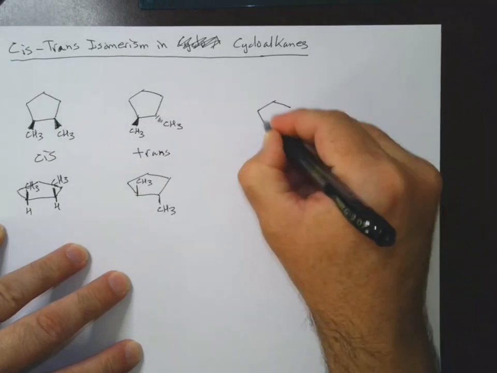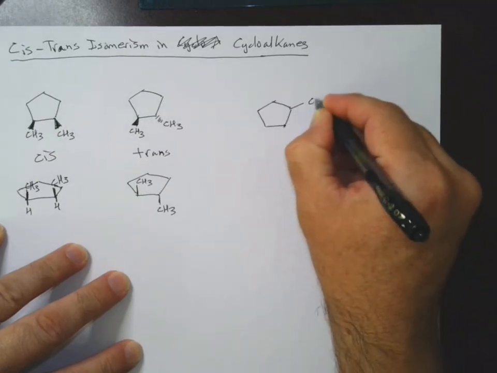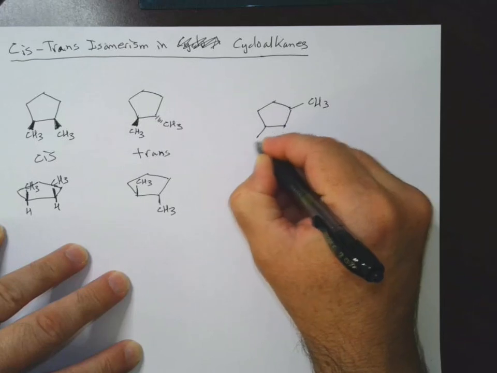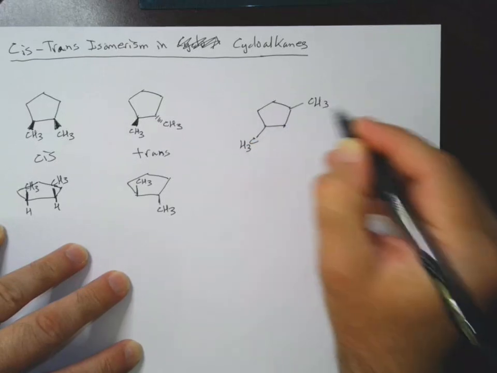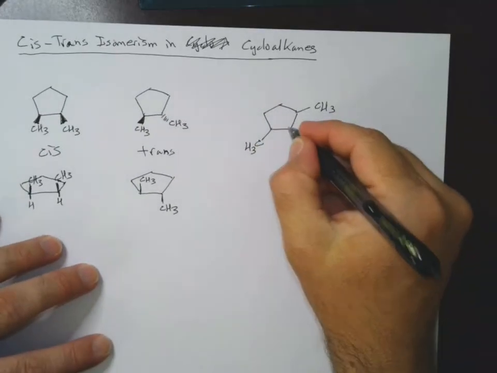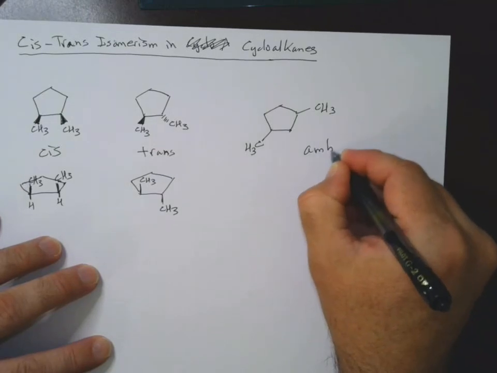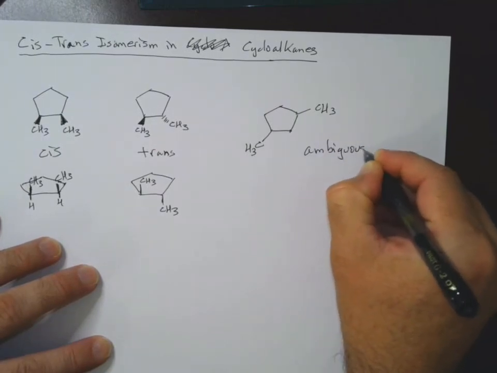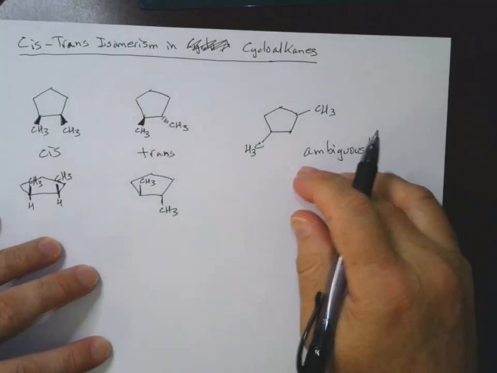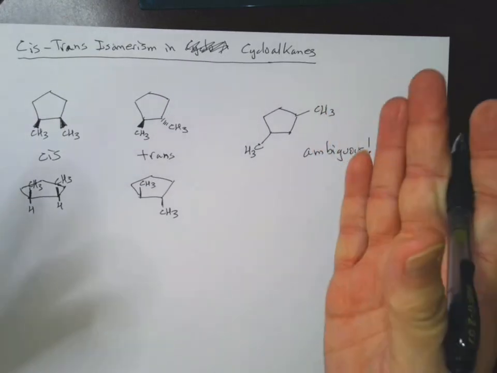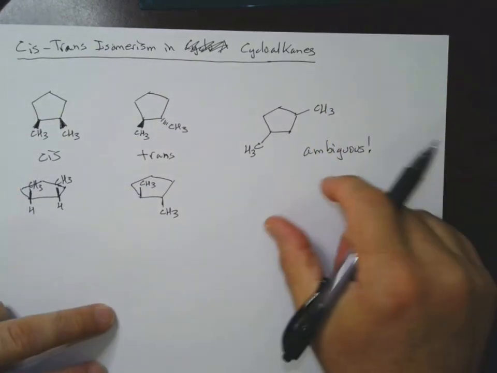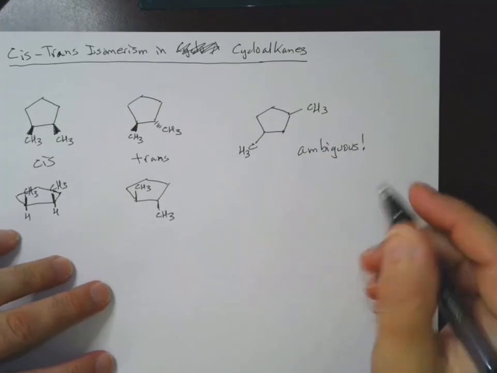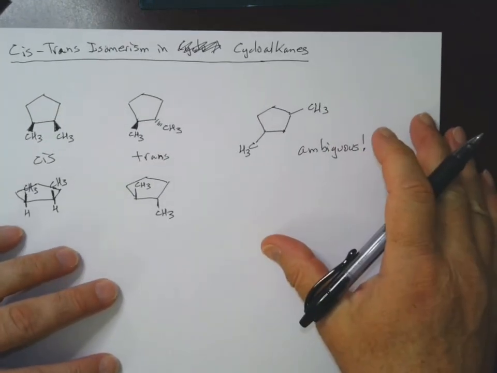Now, you will want to make sure that if you have a case where you could have cis or trans, you indicate whether it is cis or trans. So this is trans. And if I drew something like this, well, this is ambiguous. It could be cis, it could be trans. So you really do need to indicate your stereochemistry.